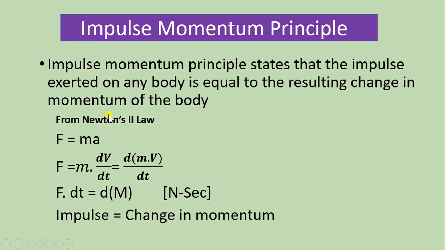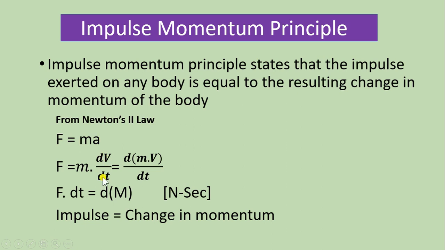So to find the force, the impulse momentum principle is used. What is the impulse momentum principle? It states that the impulse exerted on any body is equal to the resulting change in momentum of the body. So what is momentum? Let us see from Newton's second law, force is equal to mass into acceleration.